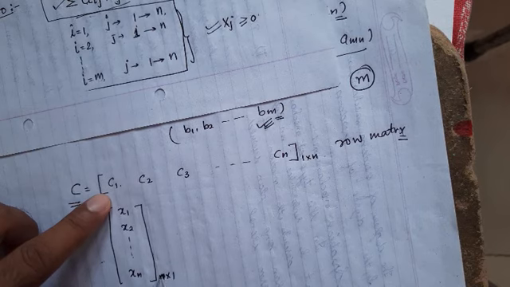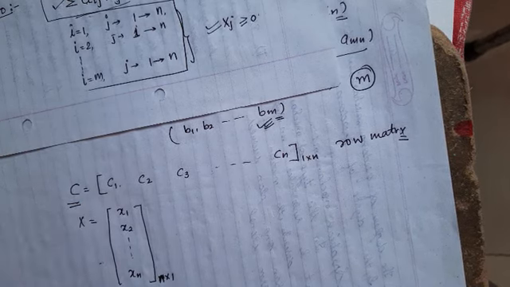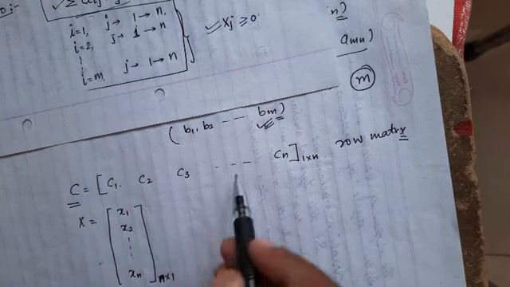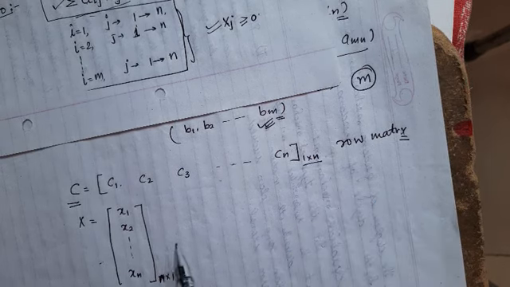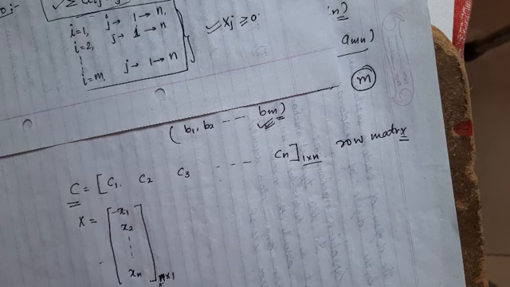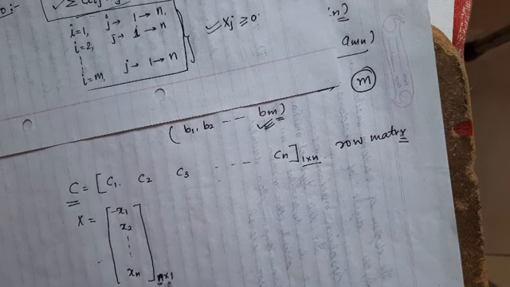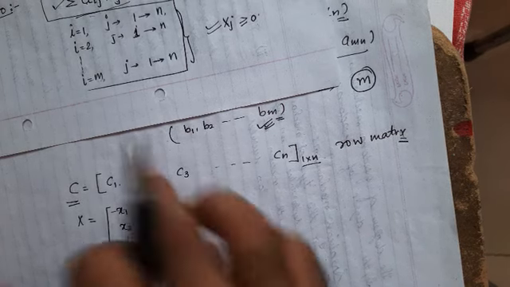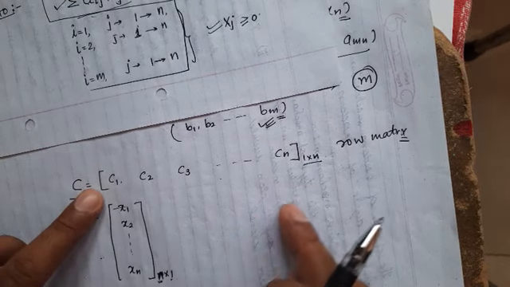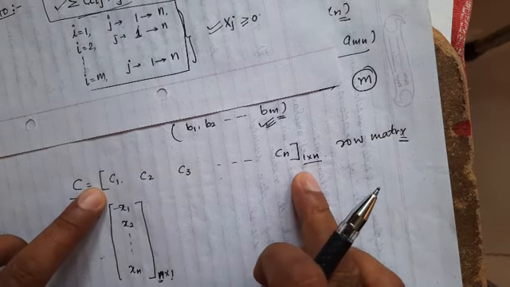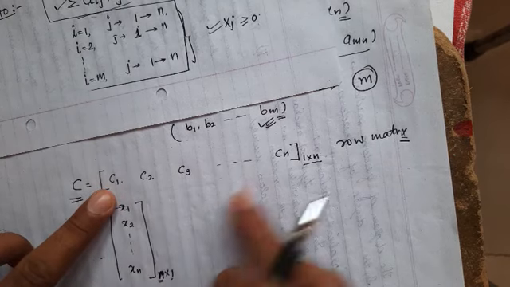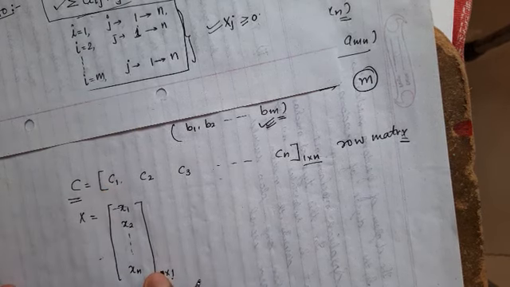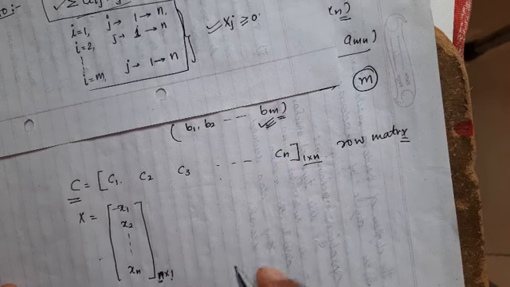So they can easily be multiplied: one row and n columns, so the order is 1 into n. Here there are n rows and a single column, so n into 1. If you multiply, you get a matrix of order 1 into 1, which will be c1x1, c2x2, c3x3, and finally cnxn.